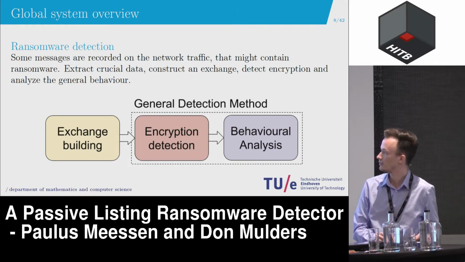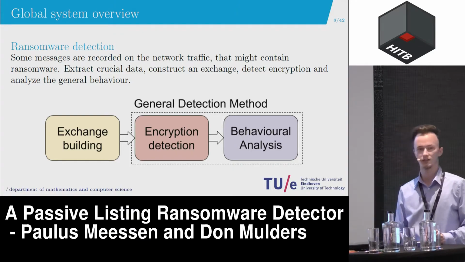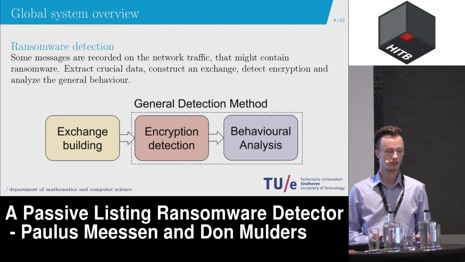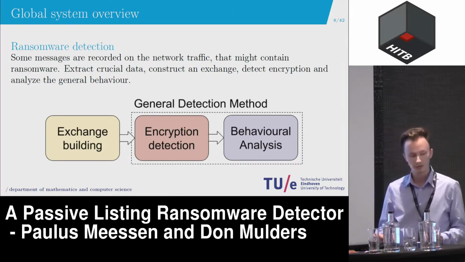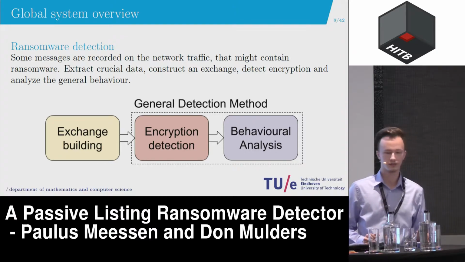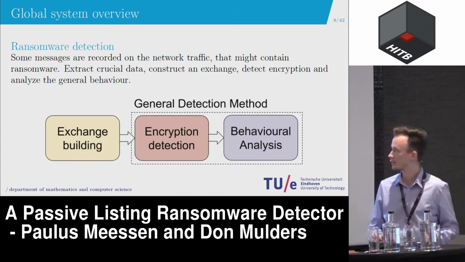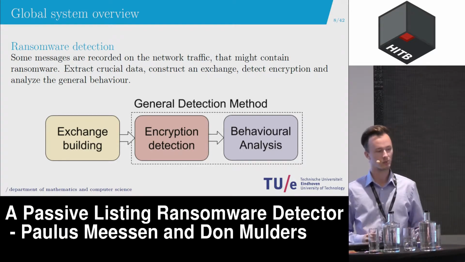In theory it could be fine, but in most cases this is actually a problem, mostly because we expect ransomware to display this sort of behavior of mass encrypting. So we figured we could make a system that can detect mass encryption.